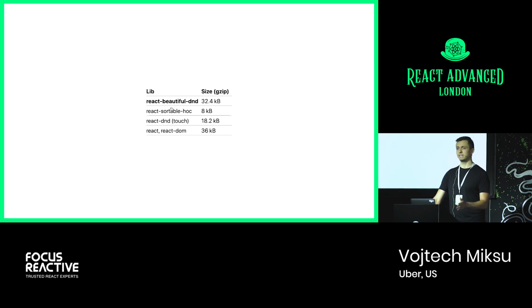Also, the styling of direct items is kind of hard. So what's the conclusion here? React Beautiful DND is pretty damn good. But 32 kilobytes, that's a hefty price for us to pay. So can we build something smaller and simpler? And that's how it started.